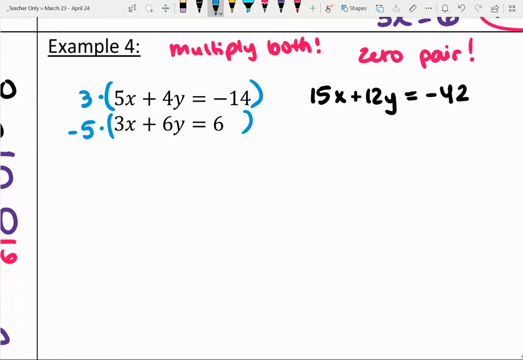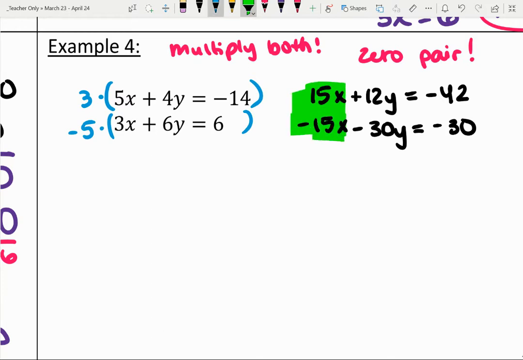So I'm going to multiply by -5 there so that I end up with -15x. And then the rest of this I still have to think about too. -5 times 6y is -30y, and -5 times 6 is -30. So now I've created that 0 pair I wanted, and I can finish up this process.